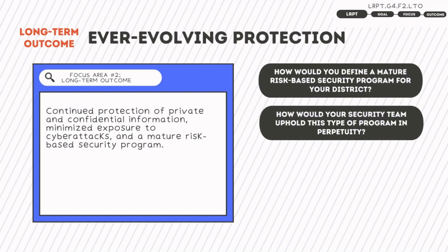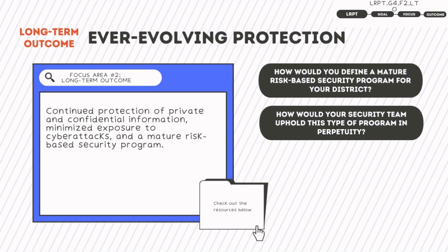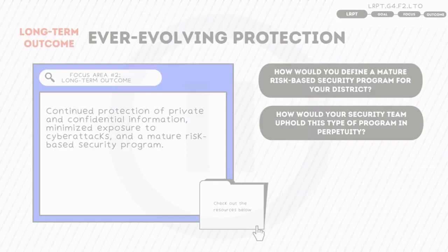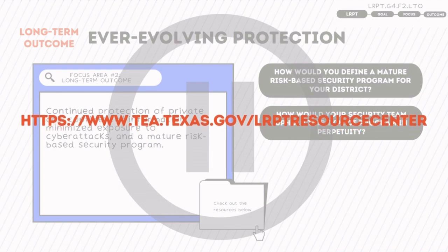How would your security team uphold this type of program in perpetuity? Use the resources below to help guide your answers to these questions. Pause the video here and use your workbook to reflect on how you would enable ever-evolving protection for your district.